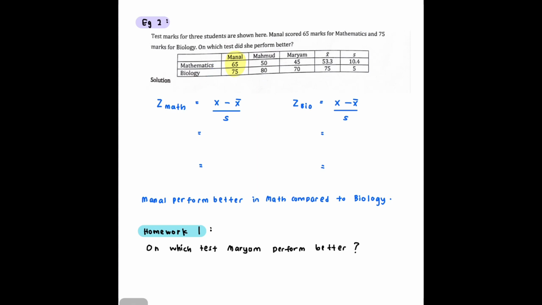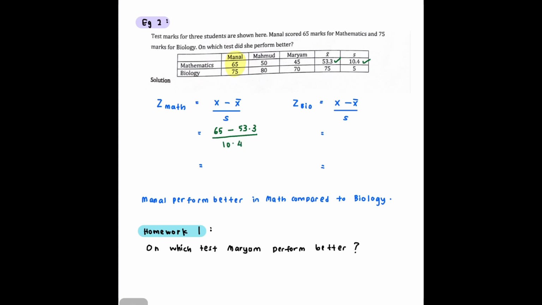Okay, what happens if you calculate the standard score? Let's say we calculate the standard score for maths first. We have this formula, x minus x bar over s. So your x is 65. Just plug in the values: 65 minus x bar, 53.3, over s, which is 10.4.